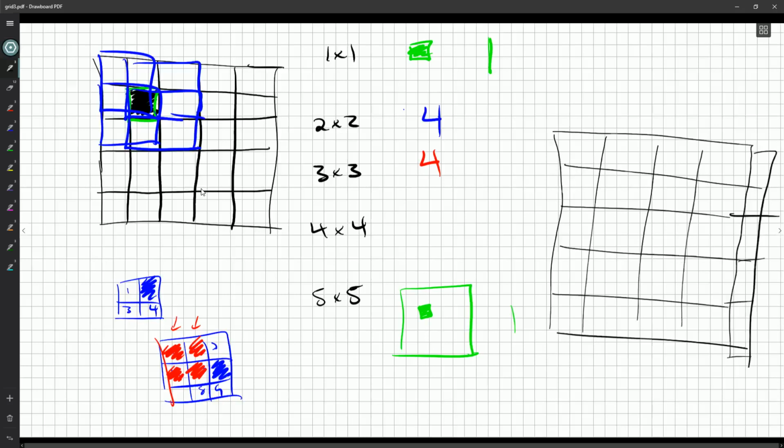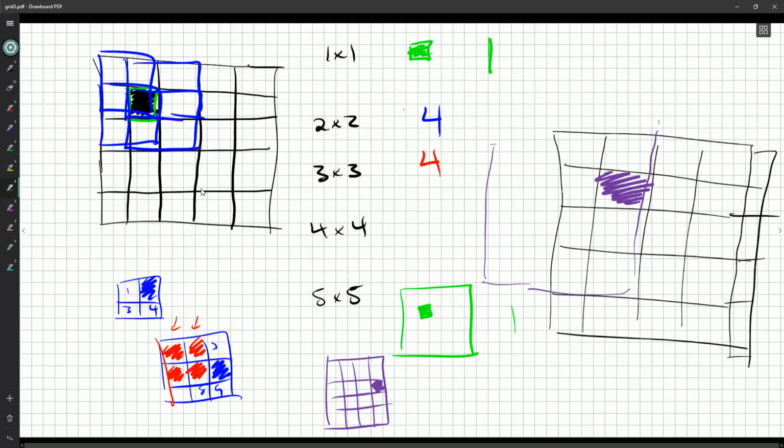I don't know, we'll use purple. So we get our shaded square, and we think mentally about what a 4x4 looks like. And you might ask, well, could I get my shaded square be over here? Well, no, because that would mean you get quite a bit of overhang over here, and placing the square down there is not a square using the grid lines.